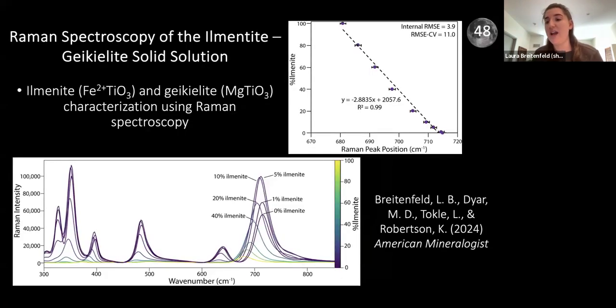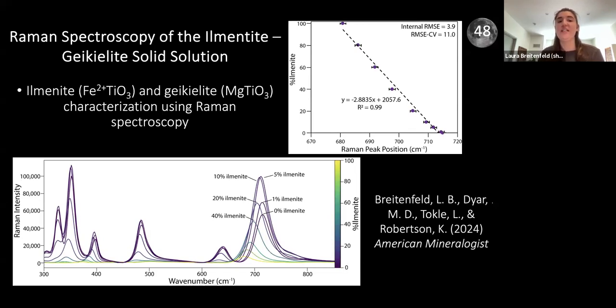Earlier this year, I submitted a paper that was recently accepted in American Mineralogist that is looking at the Raman spectroscopy of the ilmenite-geikielite solid solution. So I'll get into what ilmenite and geikielite are, but this work is definitely applicable to terrestrial work, but it is also useful for lunar applications as we have ilmenite on the moon.